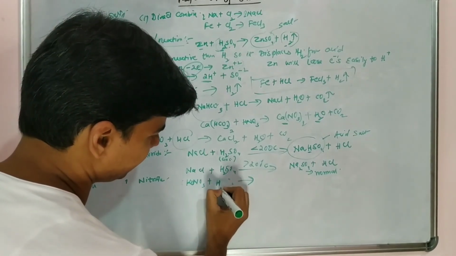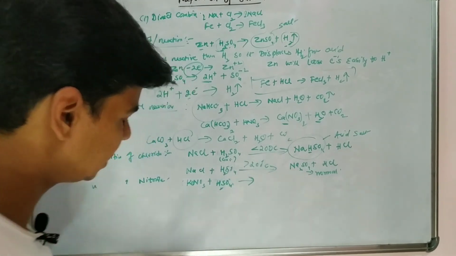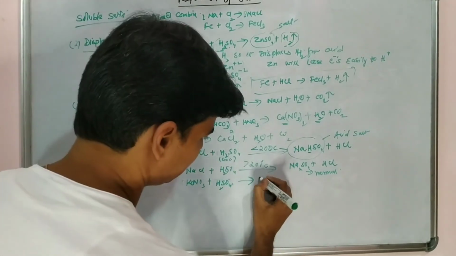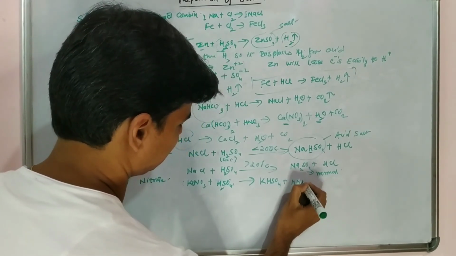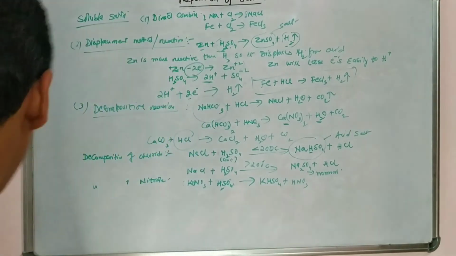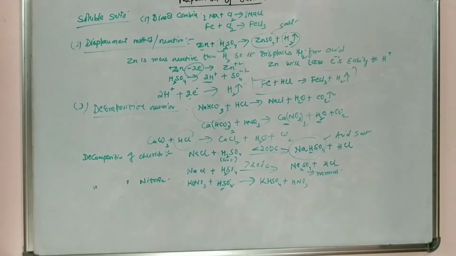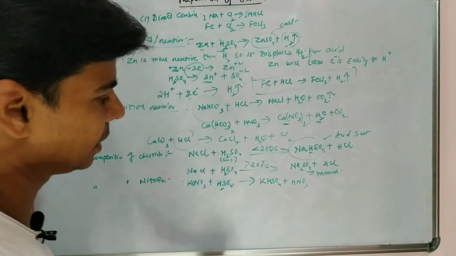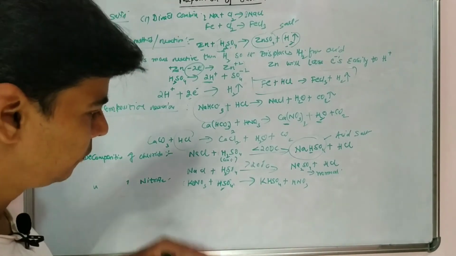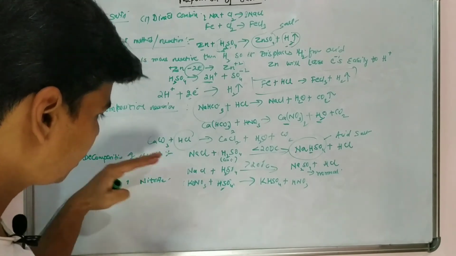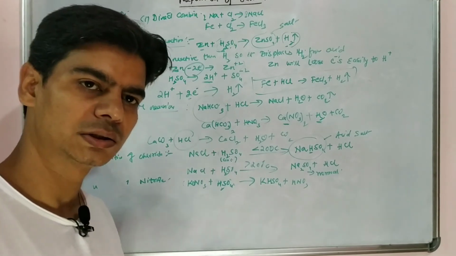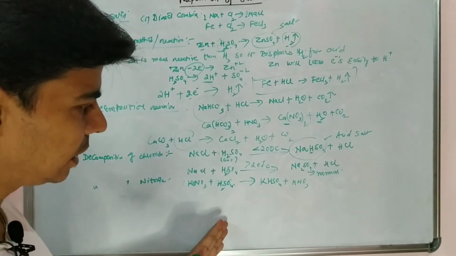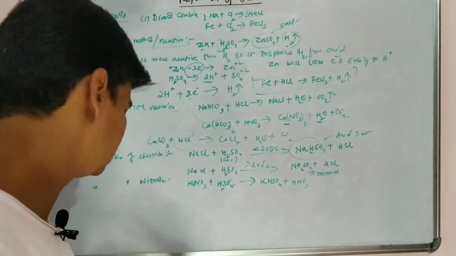Potassium nitrate will react with concentrated sulfuric acid, forming an acid salt, KHSO4 plus nitric acid. This is an acid salt again. So we need to remember one thing here, that chlorides and nitrates would not react with dilute acids; they will react with concentrated acids, forming soluble salts.